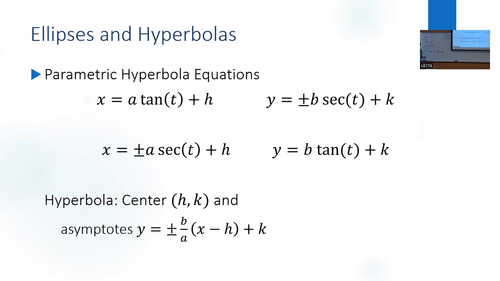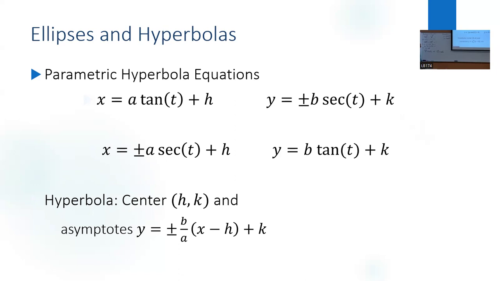And then the hyperbola equations. Well, we saw x is equal to something times tangent of t plus a number, and y is equal to something times the secant of t plus a number. That was a hyperbola pointed up and down.